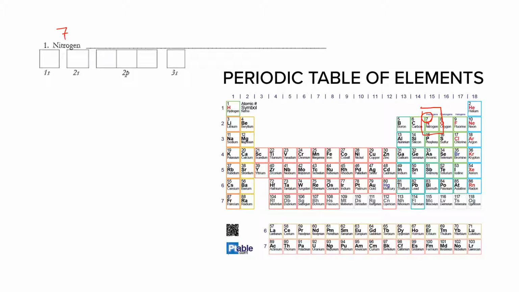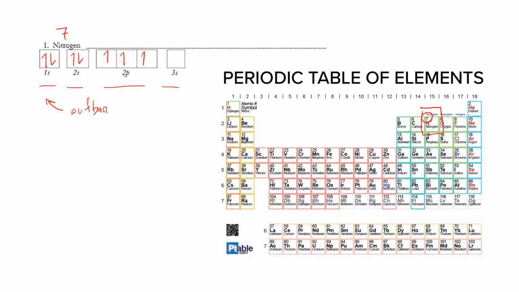That means I've got to fit in 7 electrons. So here I have these little shells already prepared for us, and all we've got to do is fit in 7 electrons. The notation looks like this: 1, 2, 3, 4, 5, 6, 7. Notice a couple of things. Number one, I started at the lowest energy level first. That's called Aufbau's rule.